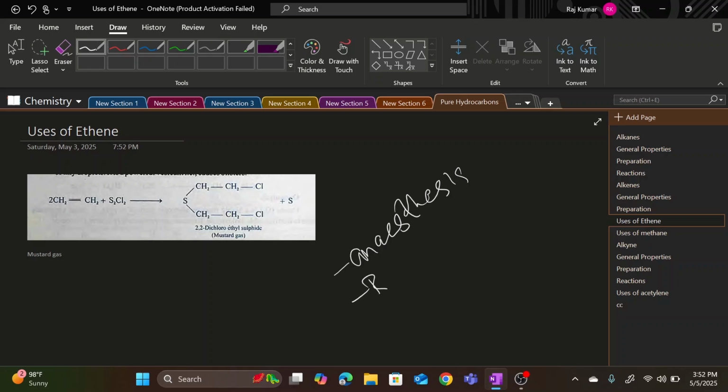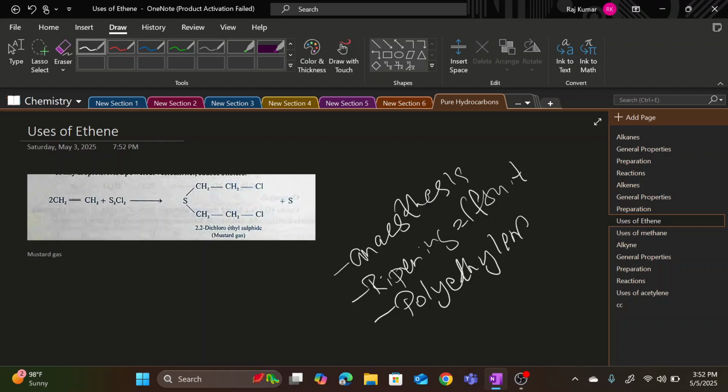It is used for ripening of fruits, and it can also be used for production of plastics. Polyethylene can be used commercially, and in World War I there was a compound of ethene known as mustard gas, which was used to harm the soldiers.